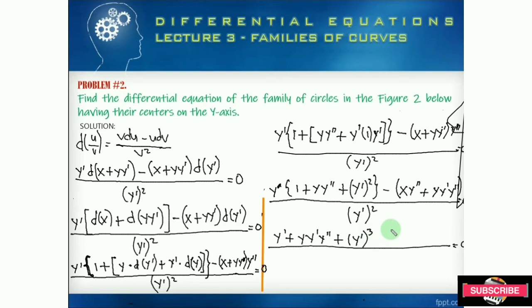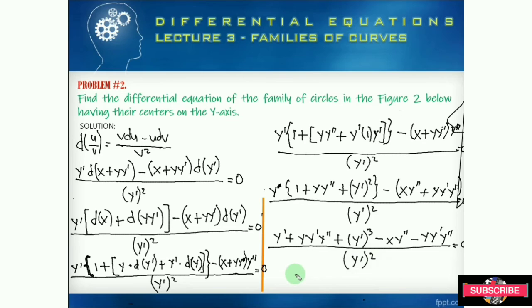Okay, so we distribute this negative sign, so minus x y double prime, and then distribute this one here, so unlike signs, so negative y prime y double prime all over this y prime squared.